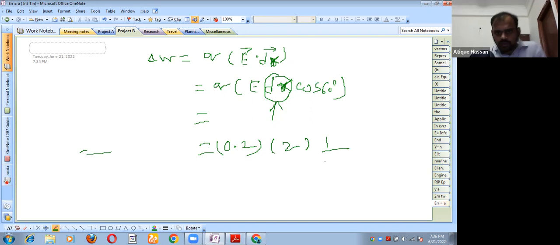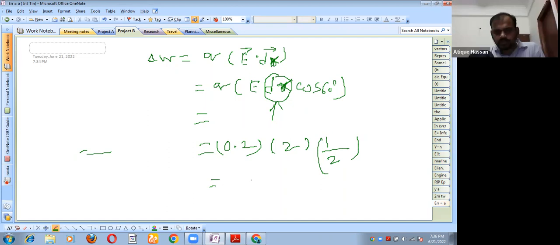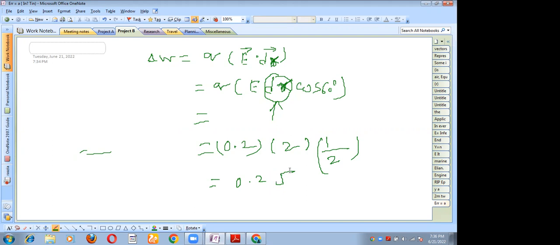Check your formula again. This is cos 60, 1 by 2, right? Yes, sir. Cos 60 is 1 by 2. So 2 and 2 cancel out. It should be 0.2 joule, right? Yes, sir. 0.2.